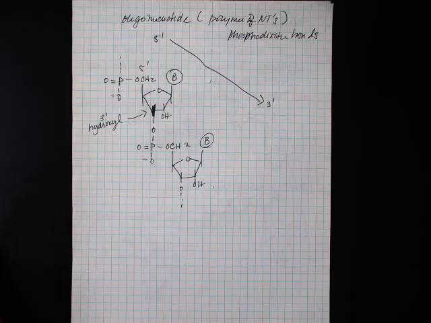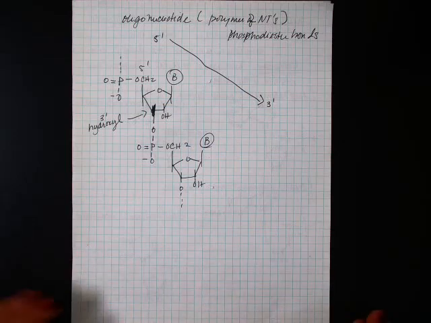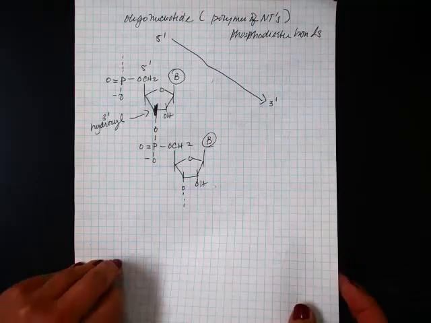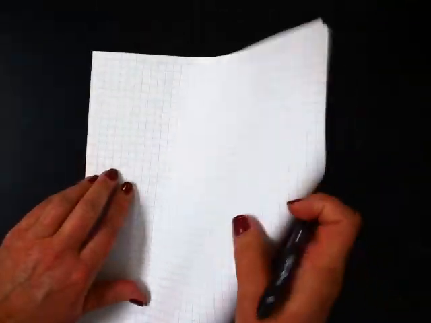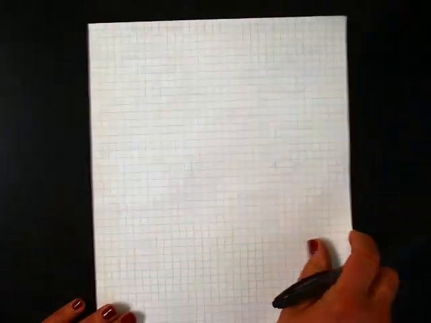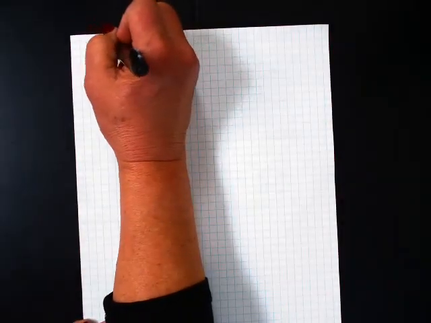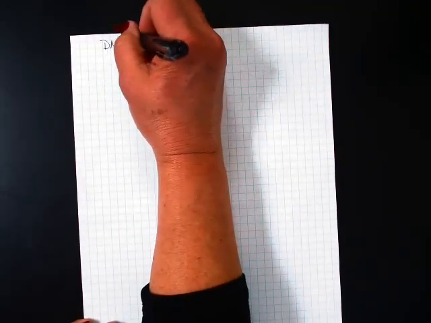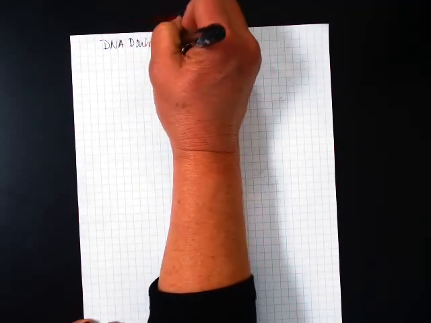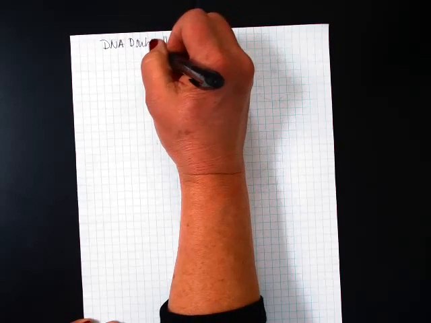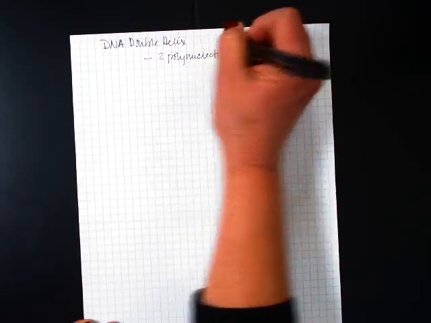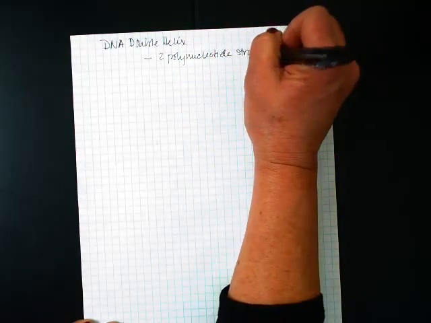So the DNA double helix is basically two polynucleotide strands that run anti-parallel to one another.